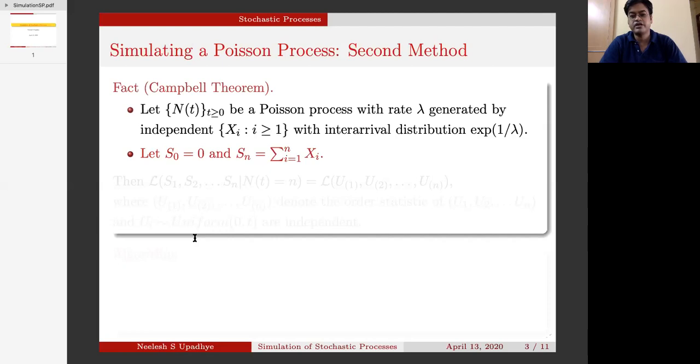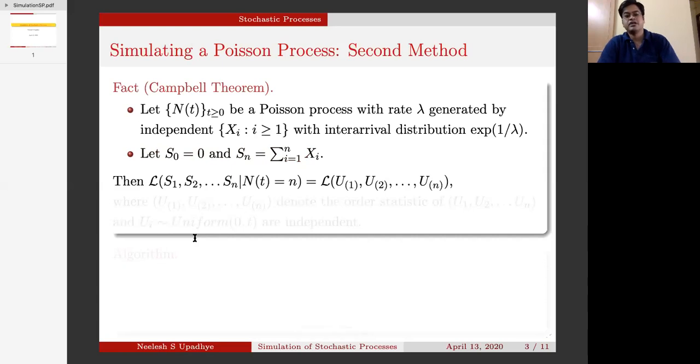For example, if I tell you that the number of arrivals in a Poisson process up to time t is n, then these arrival times have one beautiful property that is listed as Campbell's theorem: the joint distribution of the random variables S1, S2, ..., Sn given N(t) equal to n is nothing but the joint distribution of the order statistics of uniform 0 to t random variables.